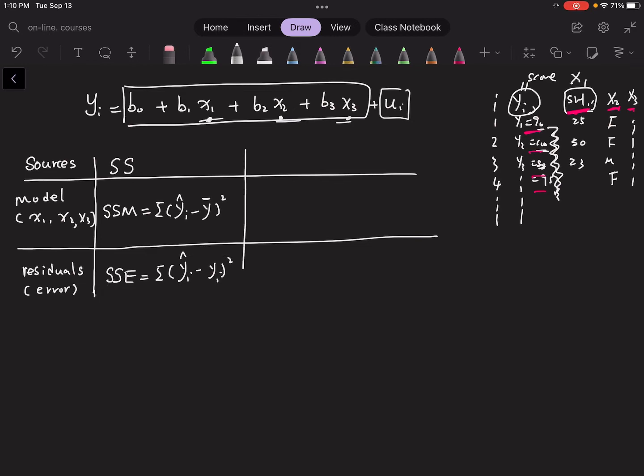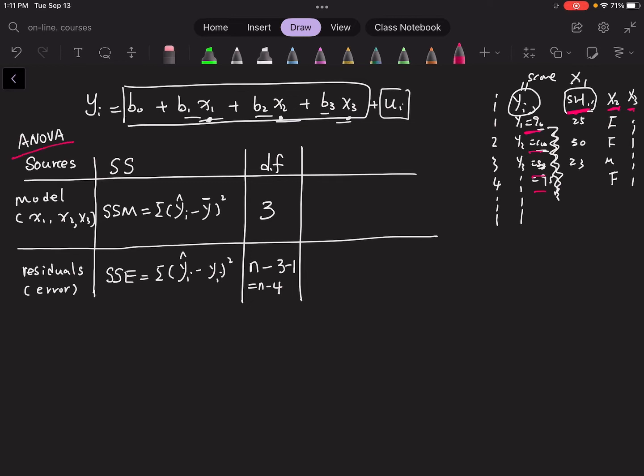And then you need to find the variance, so the degrees of freedom for the model, which is 3, for x1, x2, x3. The degrees of freedom for the error will be the total number of observations minus the number of regressors minus 1, which equals n minus 4. And we talked about this ANOVA table in the videos before, right?